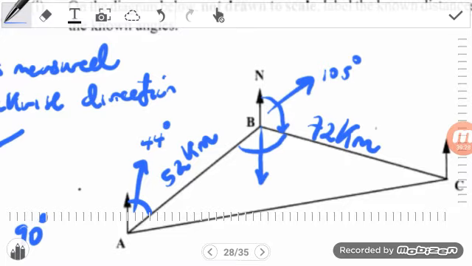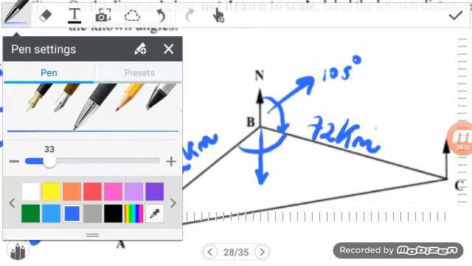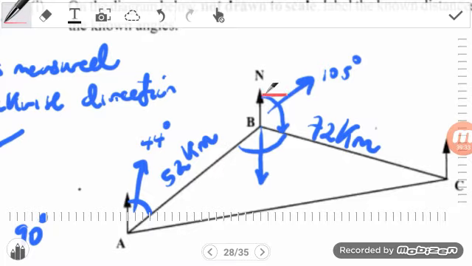And what I also establish here is that coming right around here is 180 degrees, because I know that north to south is 180. And I would have had a piece of it already. There you can see I have a piece of it, which is 105. So if I have that 105, I can safely say that this piece right here is going to be 180 degrees minus 105.